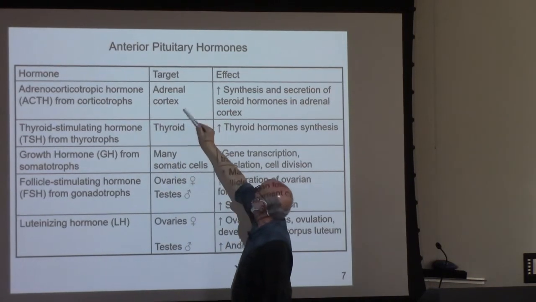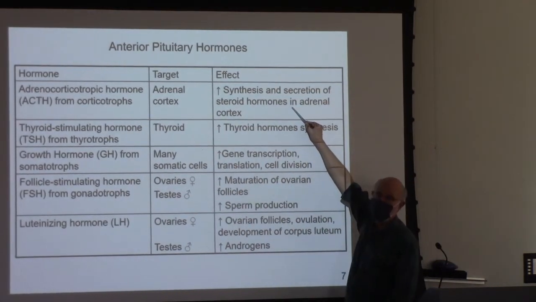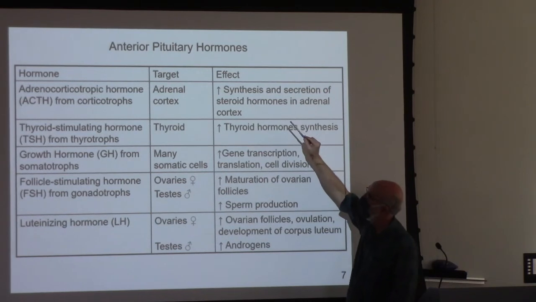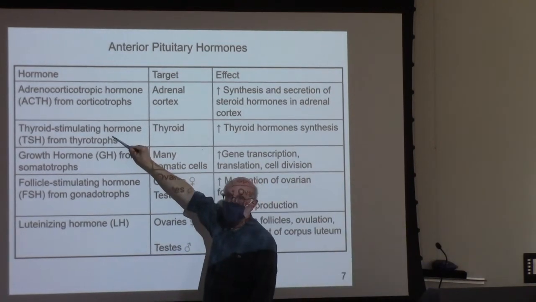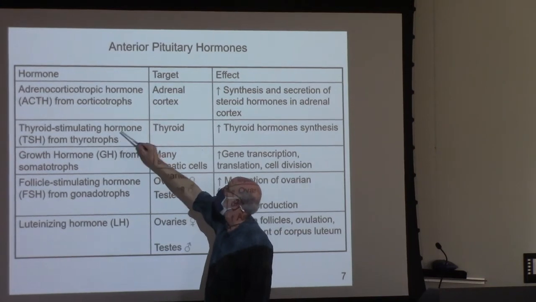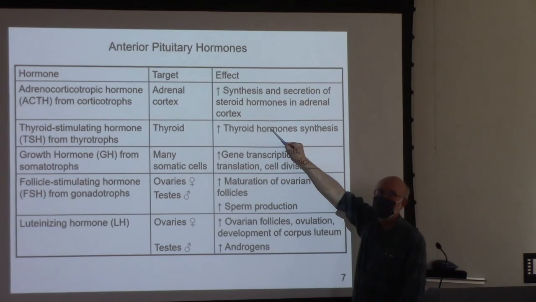ACTH stimulates the adrenal cortex to make steroid hormones, and we'll talk about that more on Wednesday. TSH from the thyrotropes stimulates the thyroid to make thyroid hormones. We've done that one.